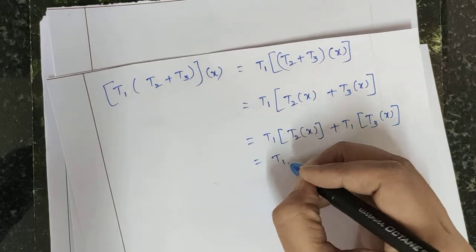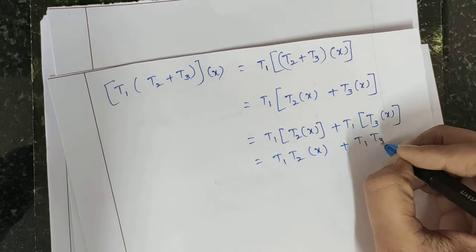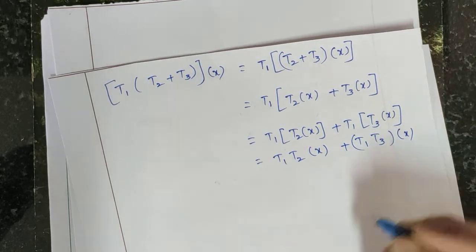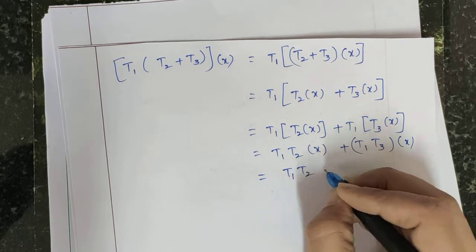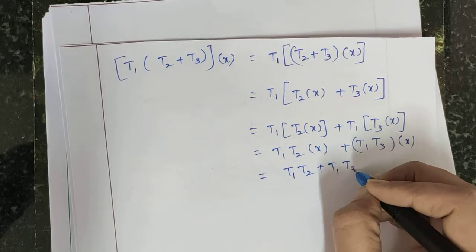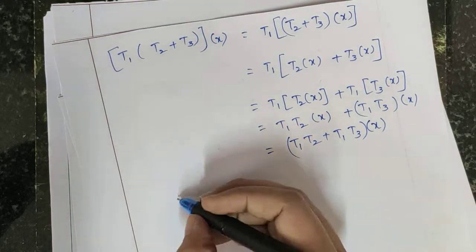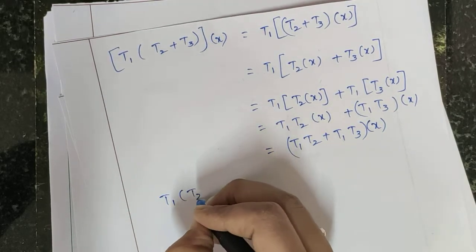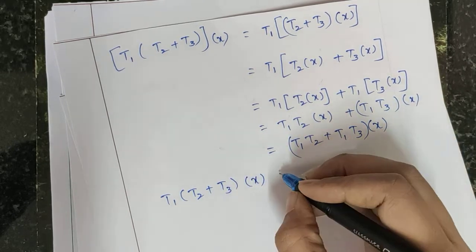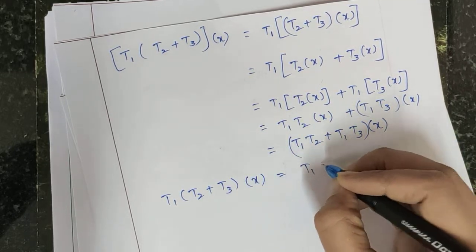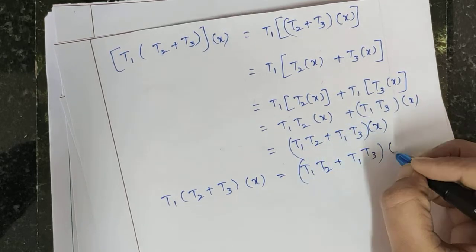Again this will be T1 T2 of x plus T1 T3 of x. So I can rewrite this as (T1 T2 plus T1 T3) operating on x, right? So this is nothing but your distributive property which is supposed to be proved for an algebra.